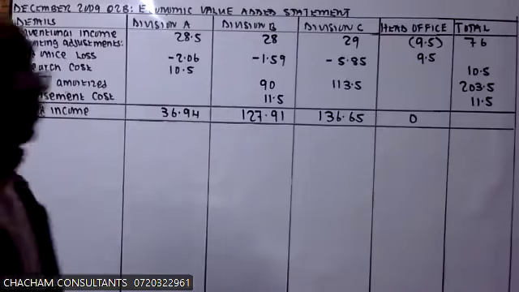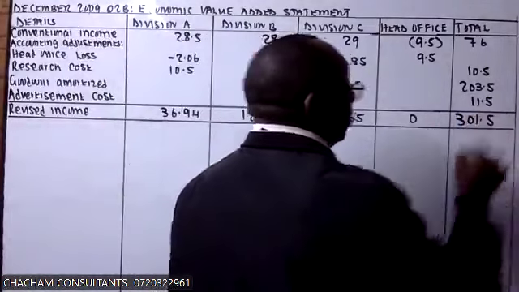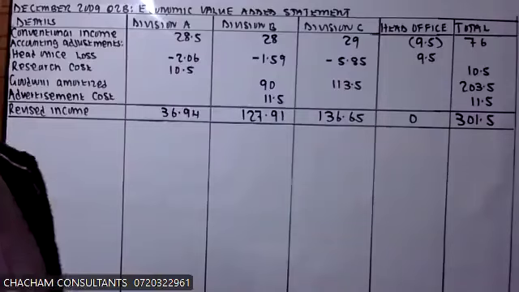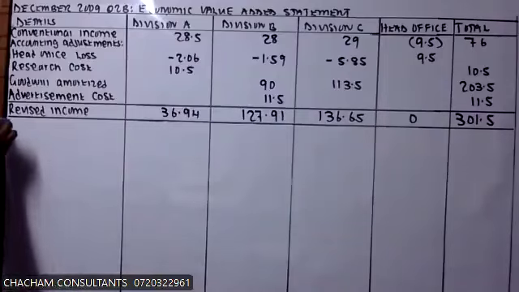Yeah, 301.5. $301.5. Okay. So from there now, you bring conventional.